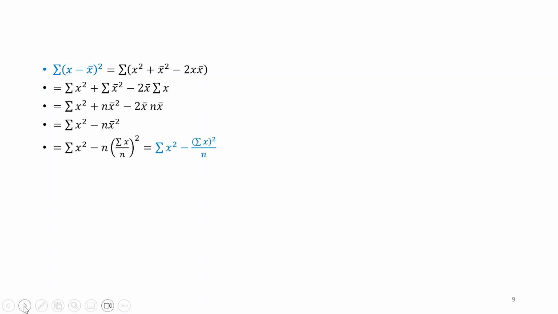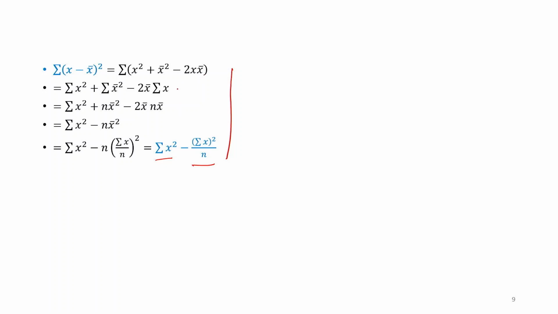The simplified formula that we have written in the previous slide, here is the proof of that: sigma x minus x bar whole squared is equal to sigma x squared minus sigma x whole squared by n. These steps are shown here.